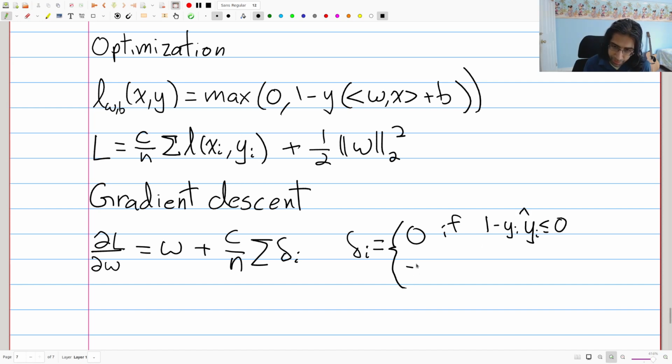And minus. Now, this might seem a bit odd, but let me explain a bit. So let's draw the picture we had earlier.